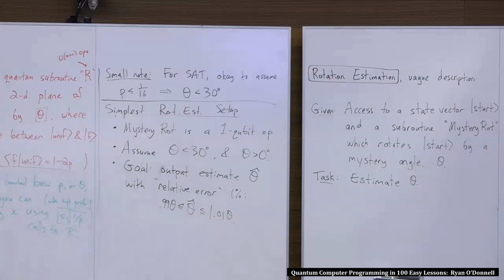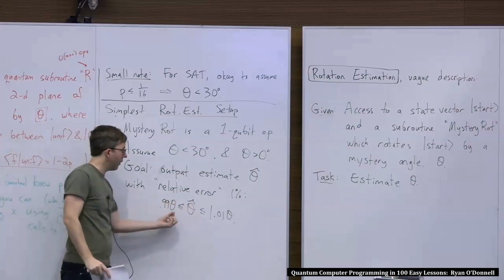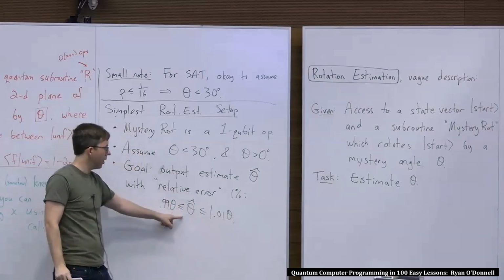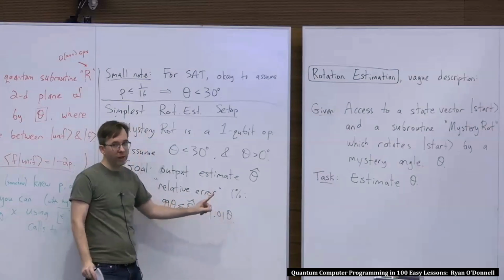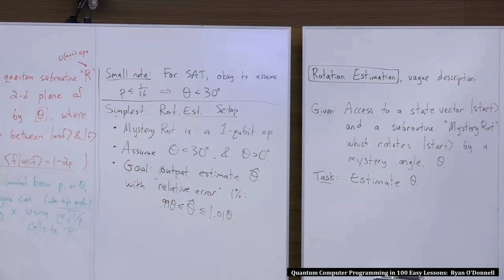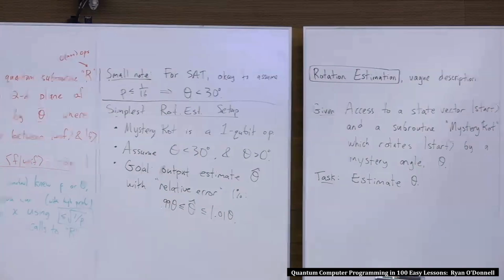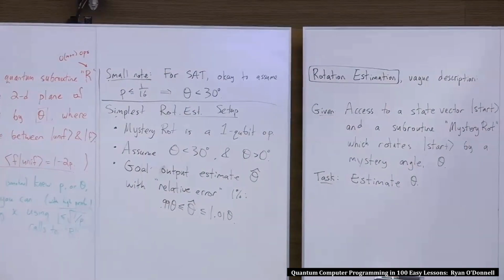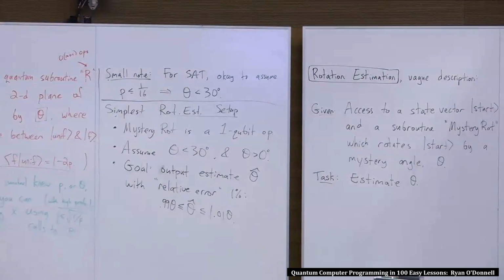That's what we're looking for. It's called relative error because the amount of additive error depends on theta itself. This should be within 0.01 theta of theta. So that's our goal for today, to solve this problem.